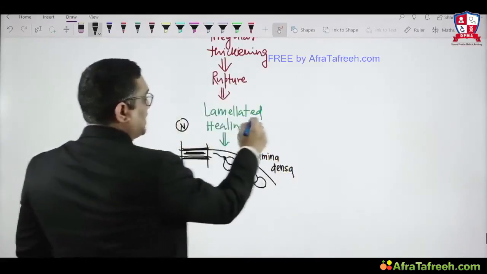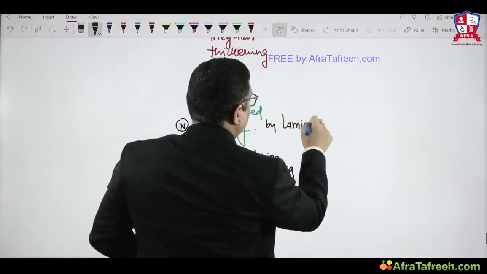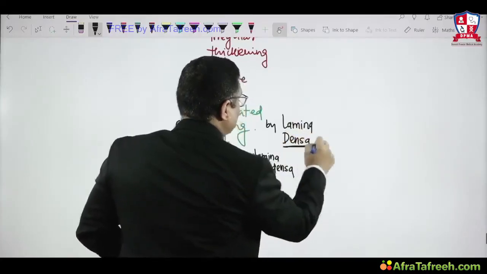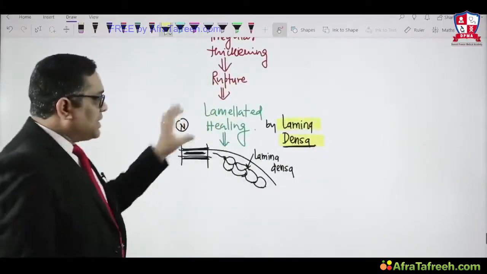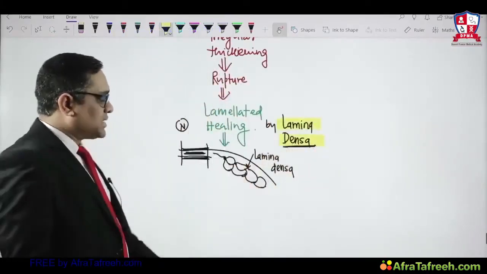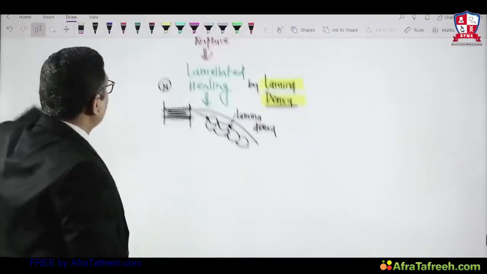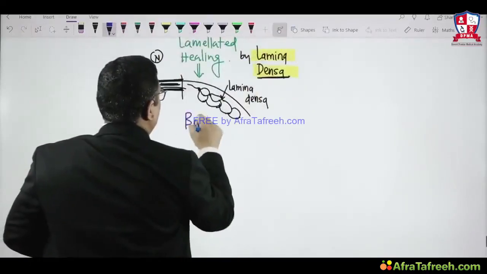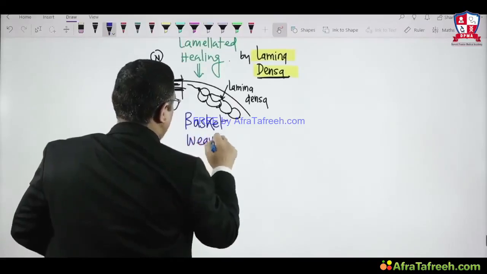So this lamellated healing is by which layer of the basement membrane? Could be a future question: lamina densa. So it is done by lamina densa. This is a future question which we can anticipate. Because of this lamellated healing, this will look like a basket weave, and that is why this diagnostic appearance of Alport syndrome is given the name basket weave appearance.